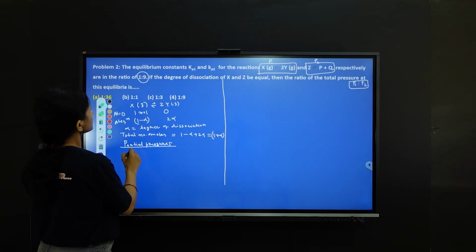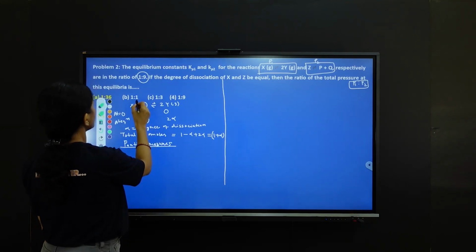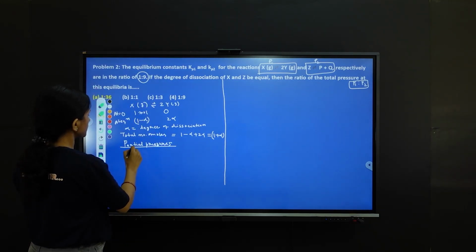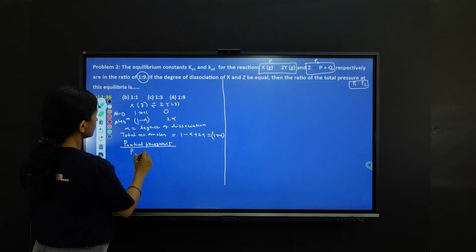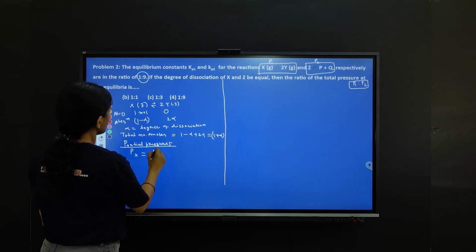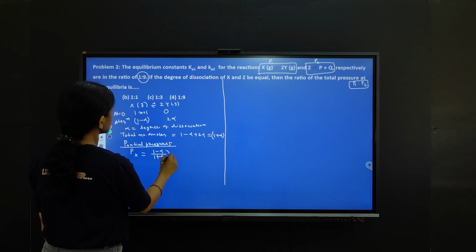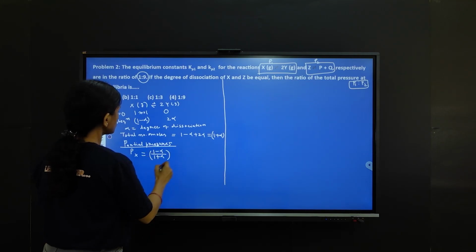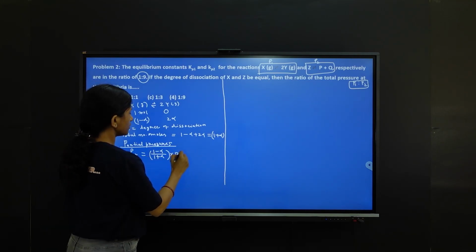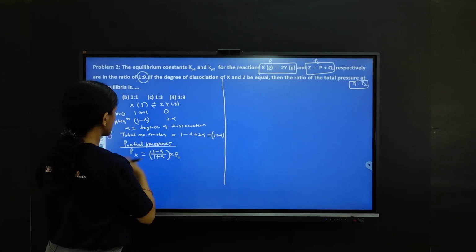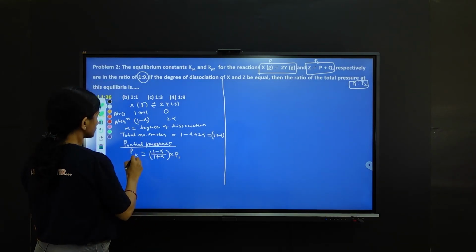So the partial pressure of the reactant, that is Px, is equal to the mole fraction, 1 minus alpha by 1 plus alpha, times P1. P1 is the total pressure of this reaction.